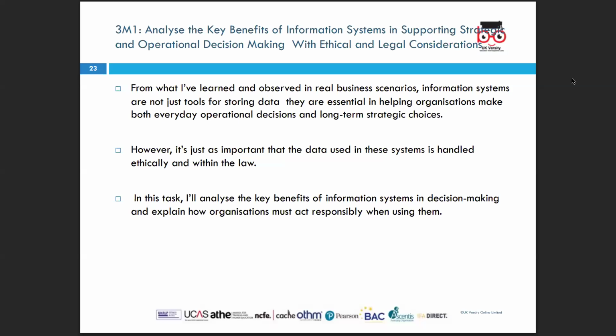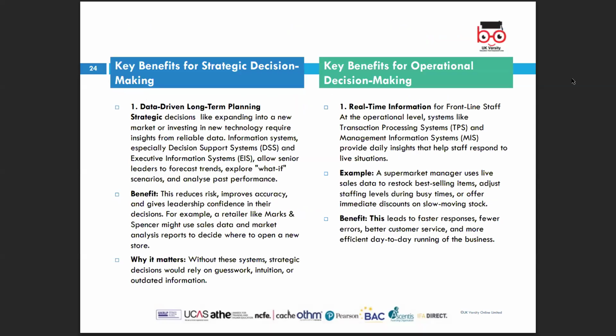However, it's just as important that data used in these systems is handled ethically and within the law. So we're going to analyze the key benefits of information systems in decision making, and also explain how organizations must act responsibly when using them.